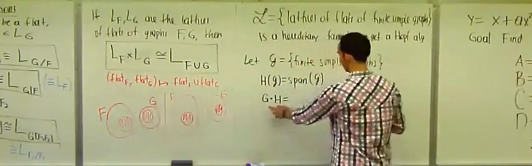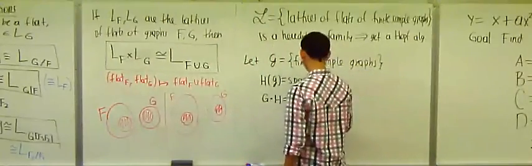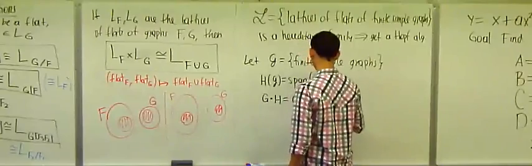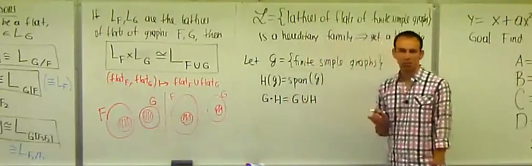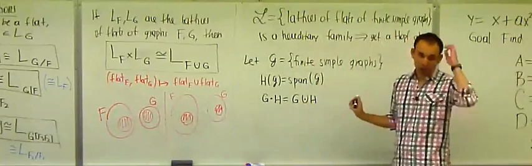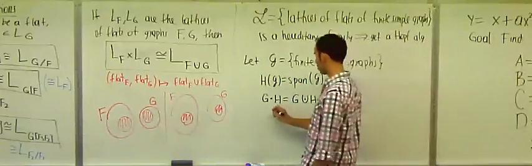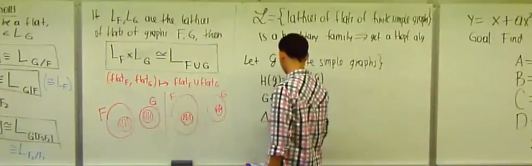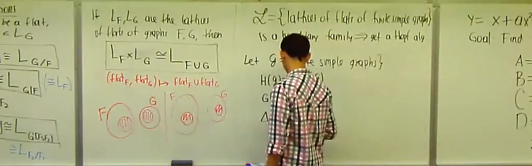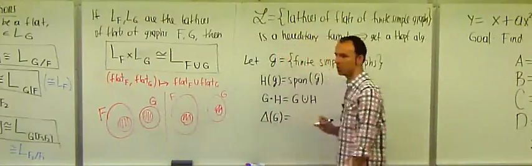Okay, so I should define the product to be the disjoint union of the two graphs. And you'll notice it's exactly the same product as in the previous Hopf algebra of graphs. The difference is in the coproduct.